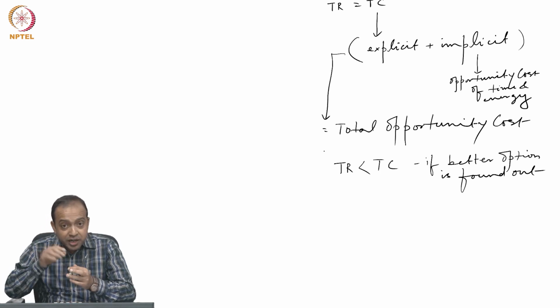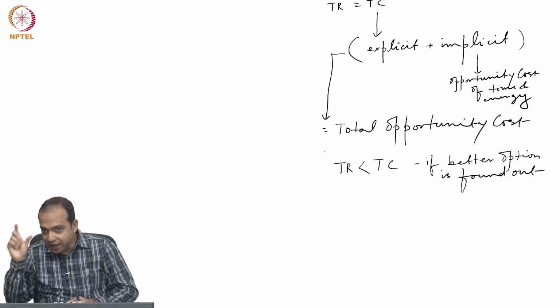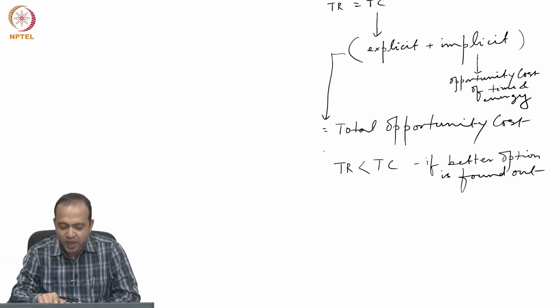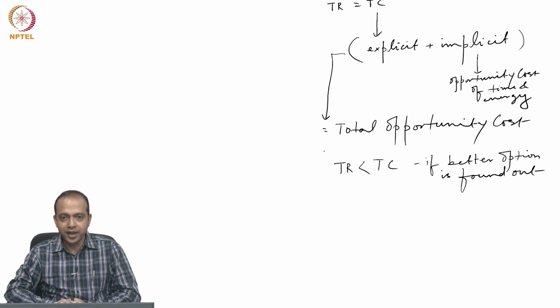As long as no better options are there, that is the total opportunity cost, which equals total revenue also, and the firm is able to get the total cost back.